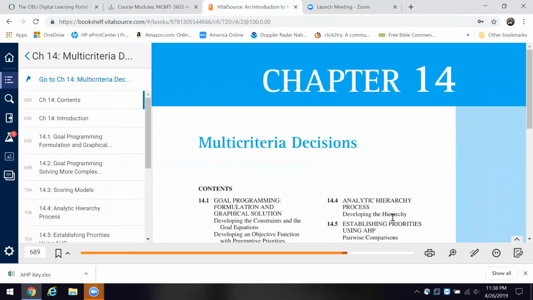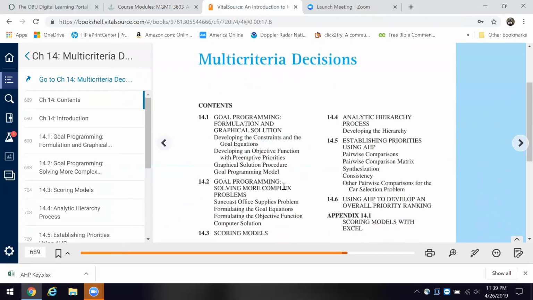And then we've had changing variables, and then we've had the constraints. Those constraints are really not decision criteria, they're constraints. And then we look at the variables that we need to change. So now we're looking at multi-criteria decisions and goal planning, and we'll be working with that.